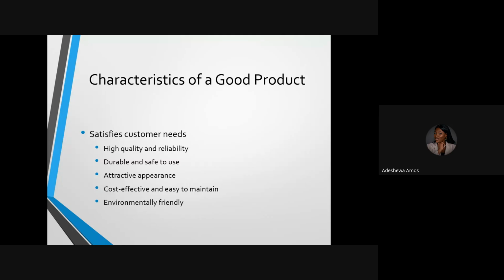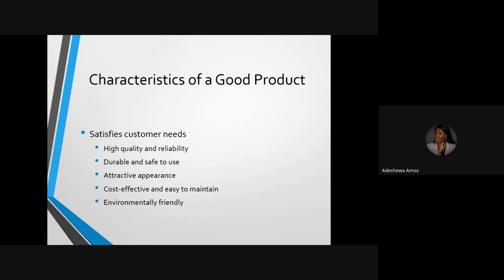So the second characteristic of a good product, okay, is that it should be of high quality and it should be reliable. Meaning that when I buy a particular product, I know that, okay, this iPhone that I'm using is so reliable, it cannot be hacked easily, okay? And also it's of good quality. Even when it falls down 5 times, the screen is still strong, okay?